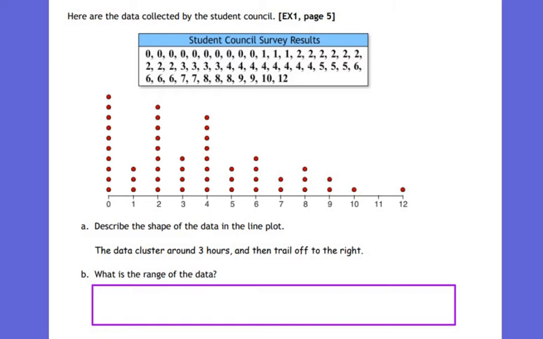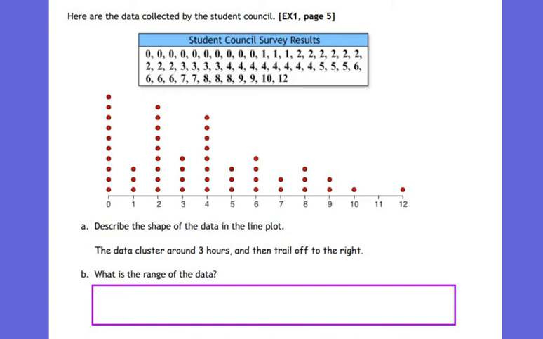Now we need to talk about the range. Anybody remember what range means in math? Range is your smallest number, which is sometimes 0, but can a number be smaller than 0?